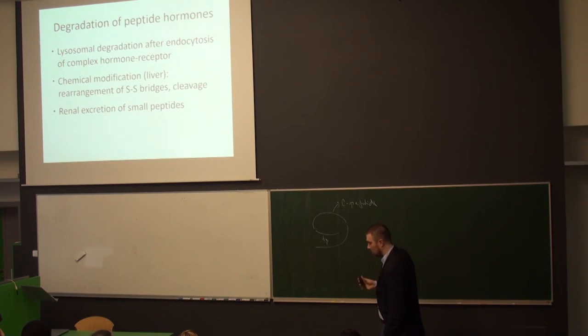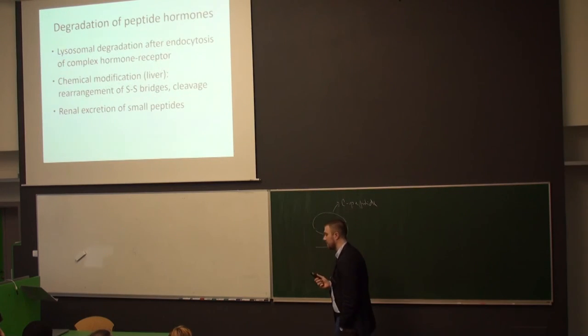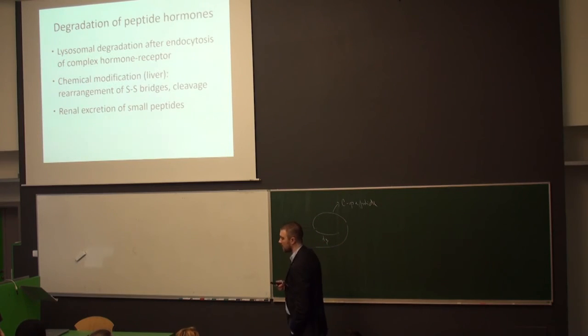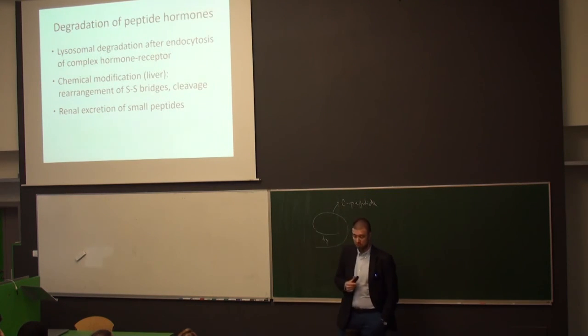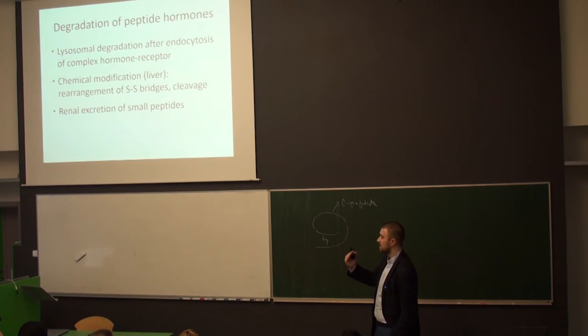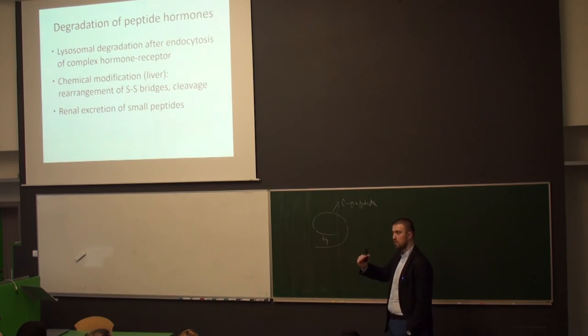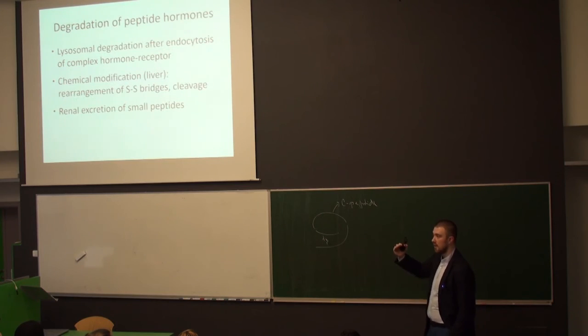The last, how do we degrade it? Peptide signaling molecules, that's nothing new for you. You typically do the degradation inside the lysosomes, and the story is simple. You take the receptor plus signaling molecule, for example insulin and the insulin receptor.